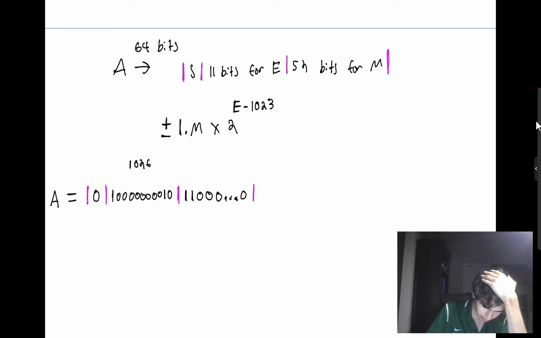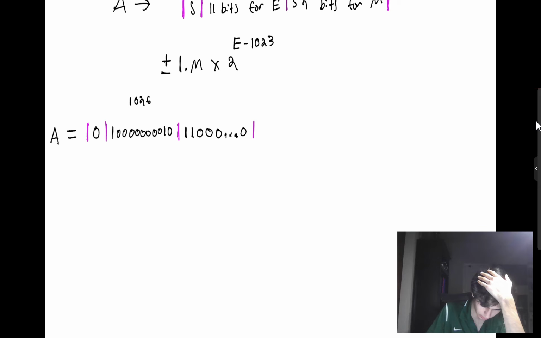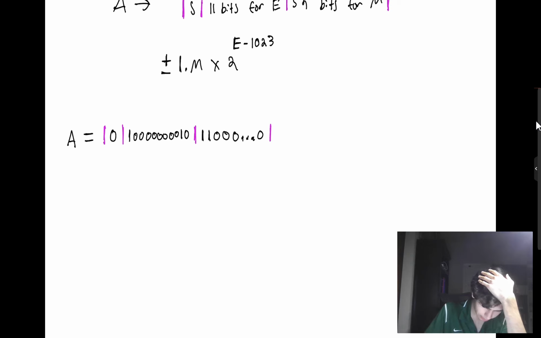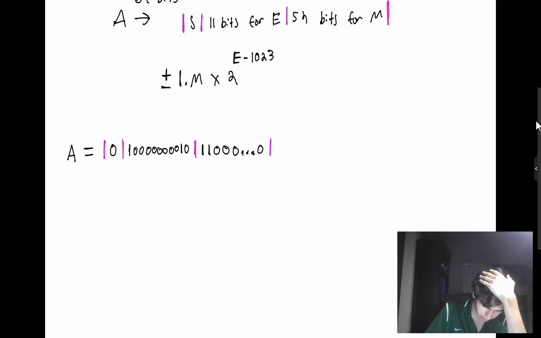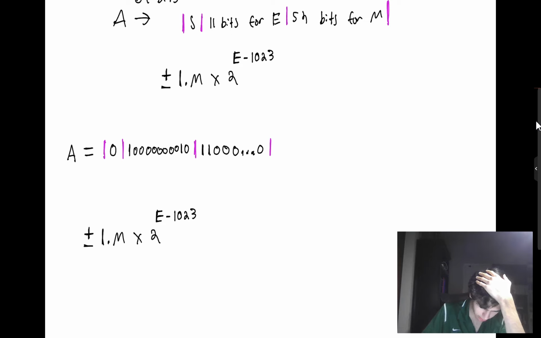So if an input a is equal to this, we want to calculate what the number a is using that formula. We want to convert this floating point number into something we can understand. We would just use this formula. So using that formula, let me write it down: sign, e, m.